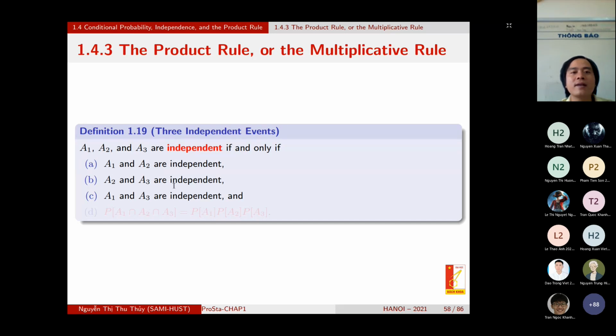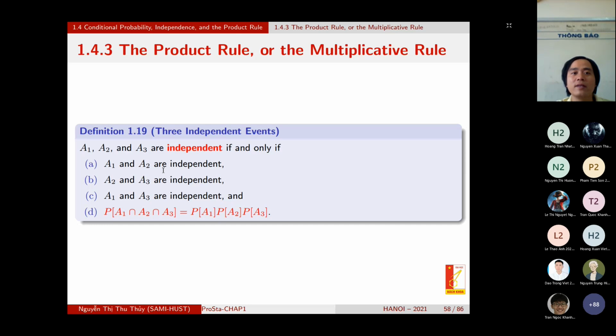And the fourth condition is that the probability of the intersection of the three events is equal to the product of P(A1) to P(A3).